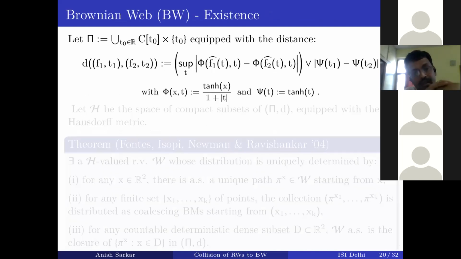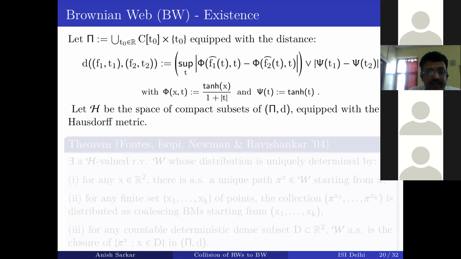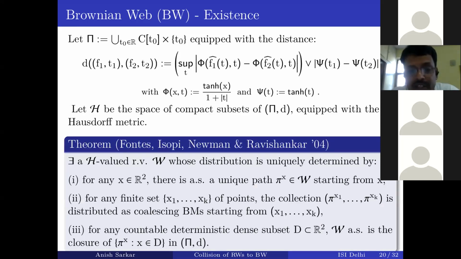Now, quickly I want to introduce one more object, which is the Brownian web. I do not want to do any formal things. Just look at this theorem, which is the most important part. It's a random object, a random collection of paths.